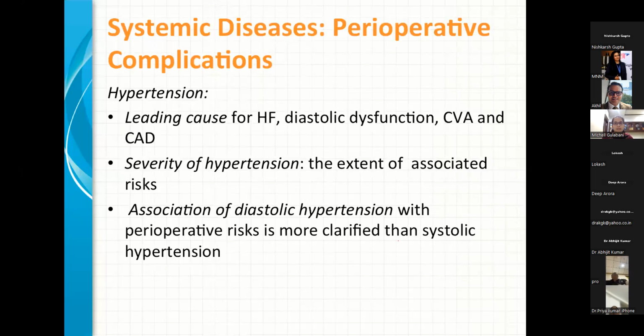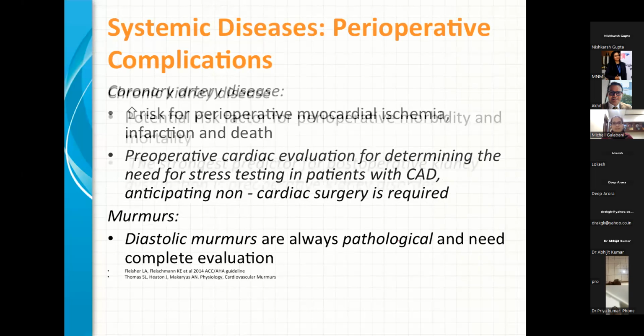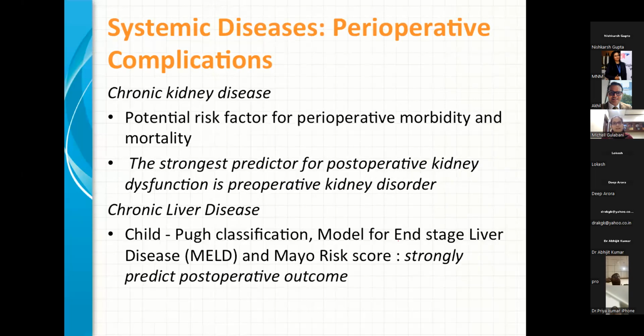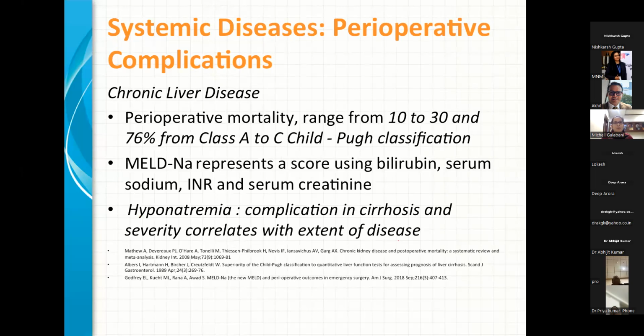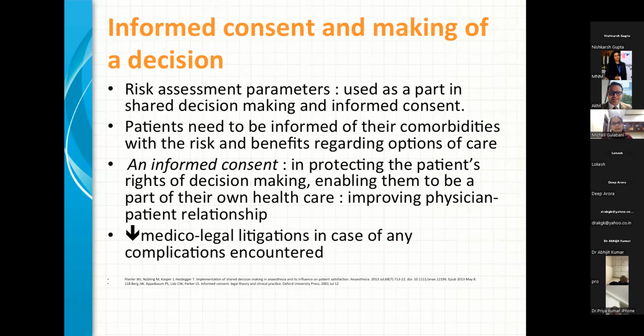Now, there are various systemic diseases like diabetes, hypertension, murmurs or CAD, which are beyond the purview of this talk, and might be dealt with in the panel discussion. Let's go now to an important but last section, informed consent and making a decision. Risk assessment parameters are used as a part of shared decision making and informed consent.